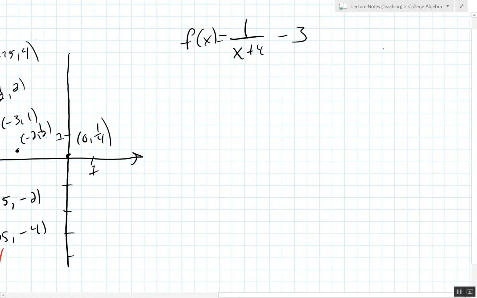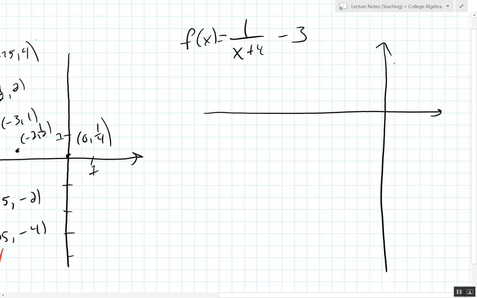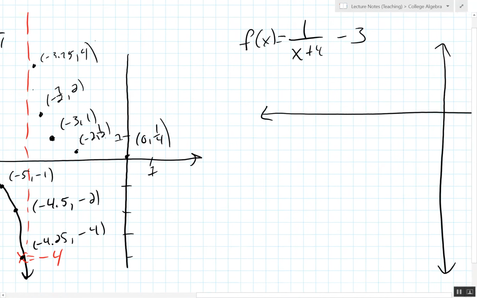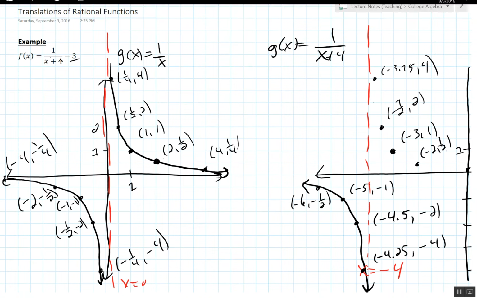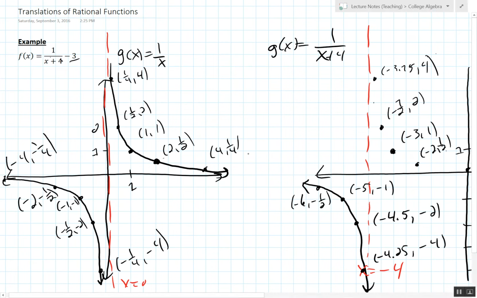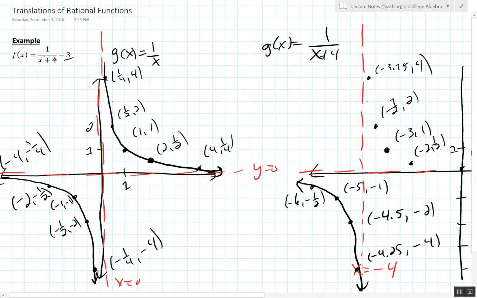So again, we'll have the xy plane, and we'll draw the y a little on the high side this time. And notice that when we did a horizontal translation, the horizontal asymptote didn't change. So here's the horizontal asymptote, y equals 0. It didn't change here.